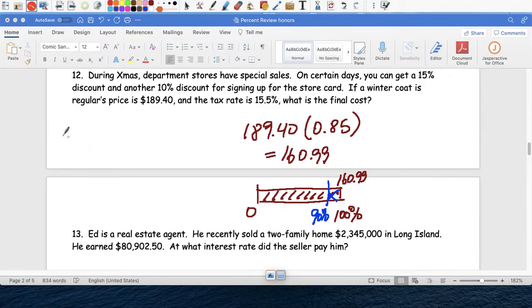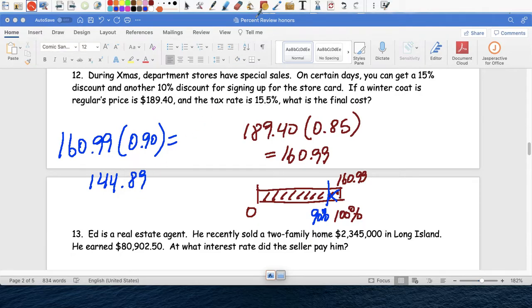So 160.99 times 90%, because that's what you're going to be paying. Right, that's your second discount. So now your coat dropped to 144.89. Let me get rid of this, because again, that's no longer relevant to us.